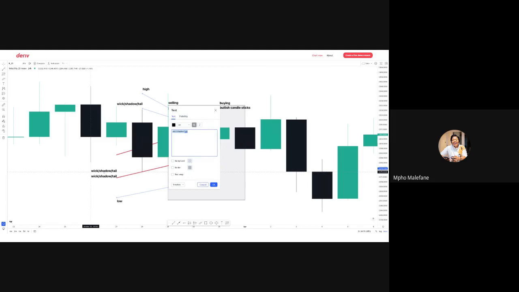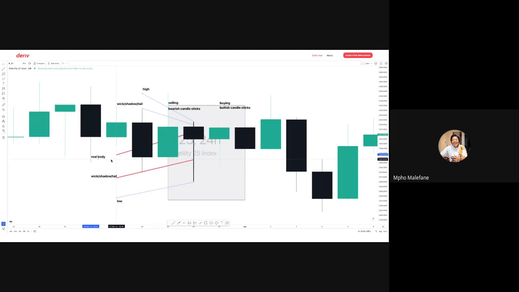We call this the real body. So let's come back to labeling this space.